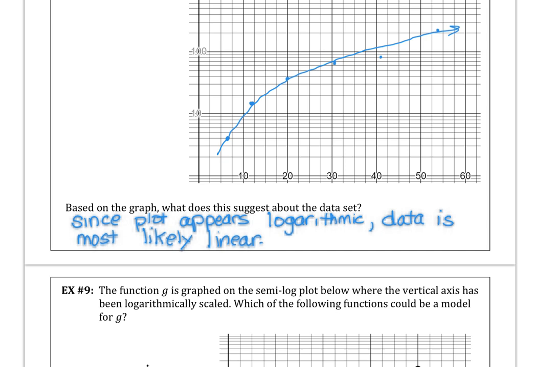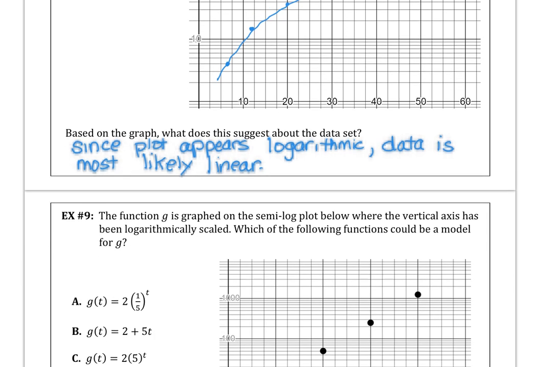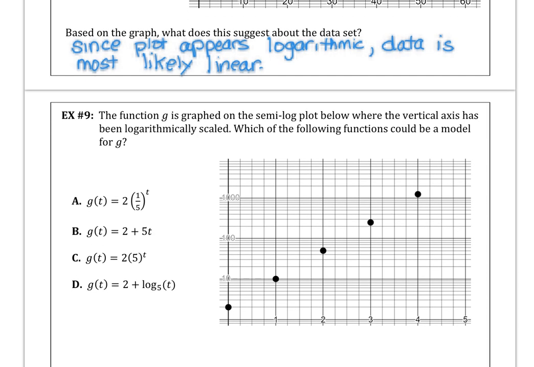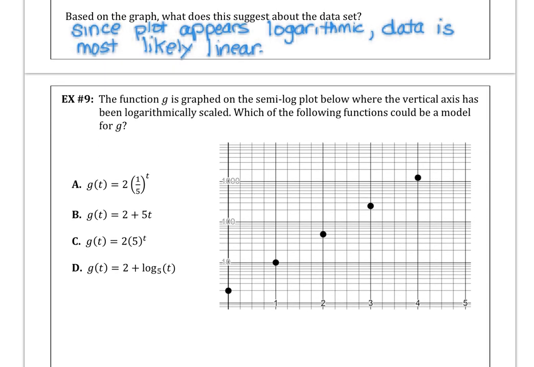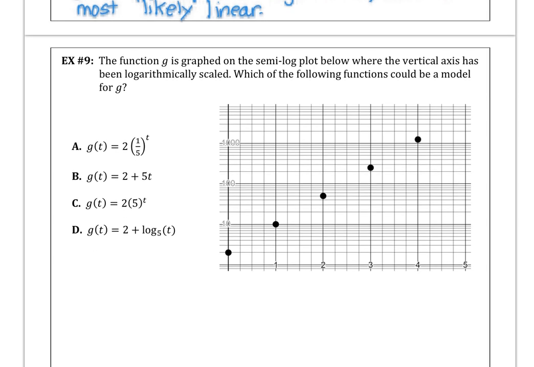In example 9, they are telling us the function g is graphed on the semi-log plot where the vertical axis has been logarithmically scaled. Which of the following functions could be a model for g of t? So if we use those ideas from last time, the log of g is b plus mt. So g of t is 10 raised to the b plus mt power.